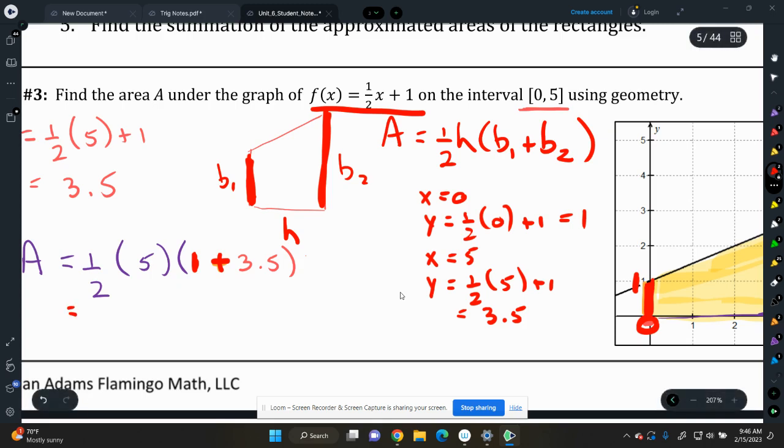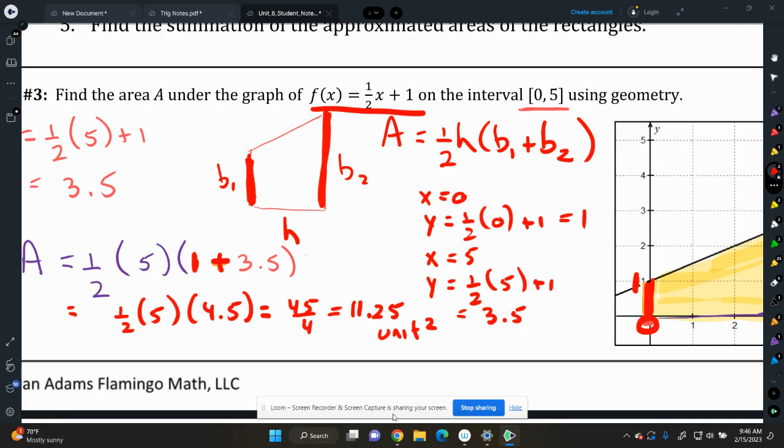Okay. So we've got 1/2 times 5 times 4.5, which equals 45 over 4, or 11.25 square units. Units squared.